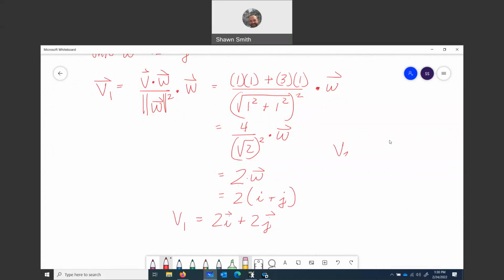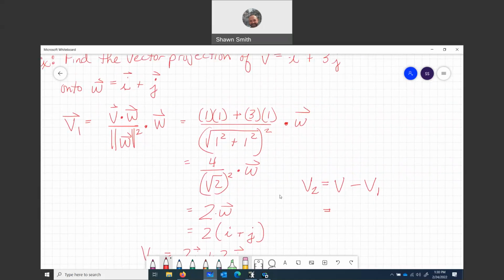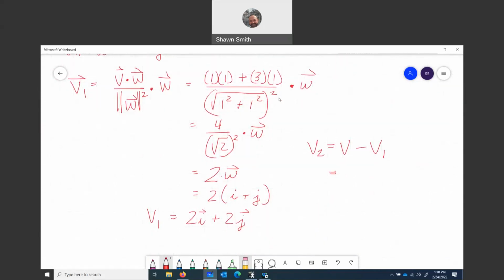V2, that's the easy one now, is the vector V minus V1. The vector V was I plus 3J, minus the vector we just found, so minus all of it, so we'll have to distribute a negative across the parentheses.